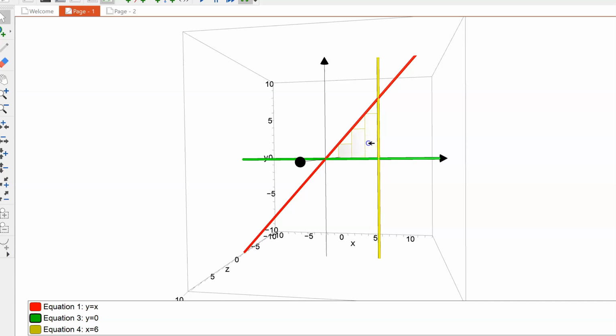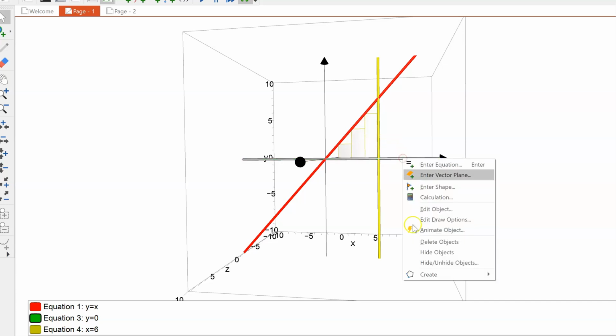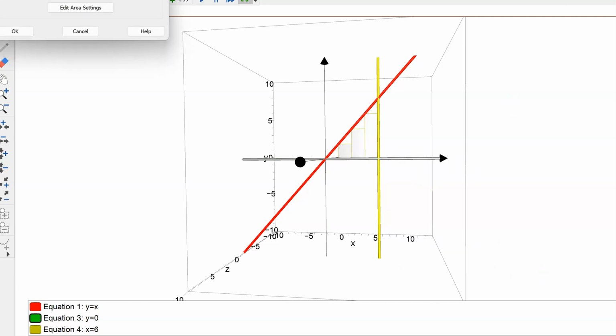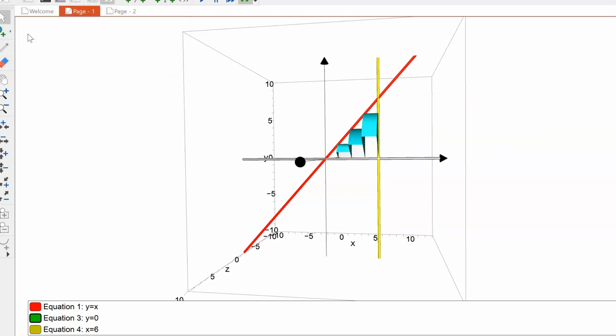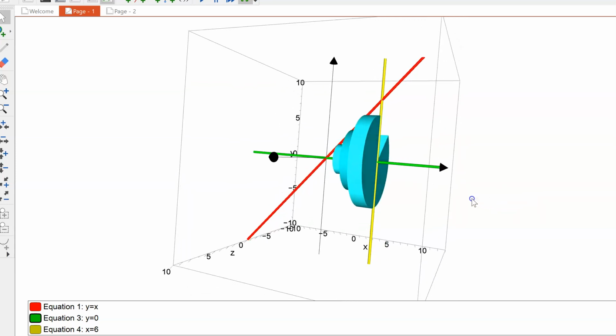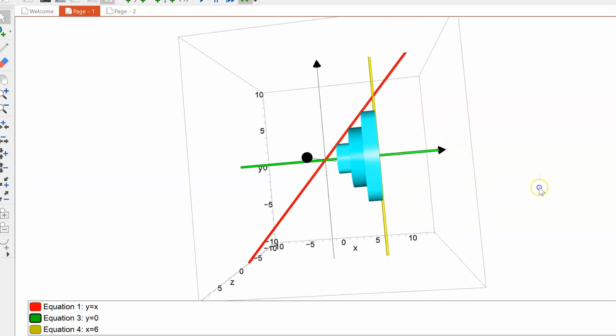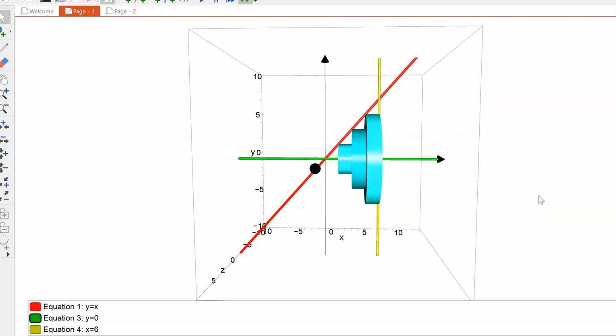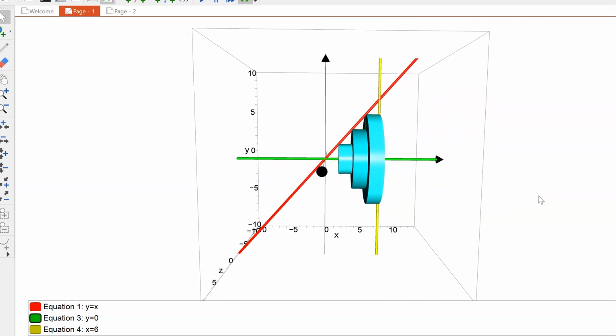I'm going to rotate these again about our axis of rotation here. And maybe now we can see it a little bit better. Right. So what we have to do is find the volume of these disks.